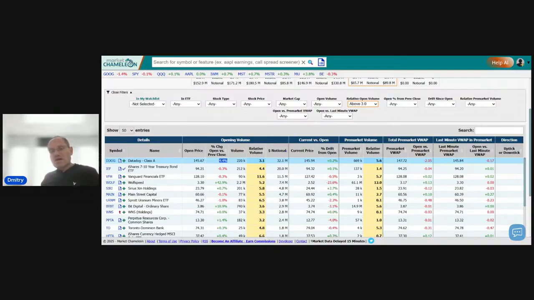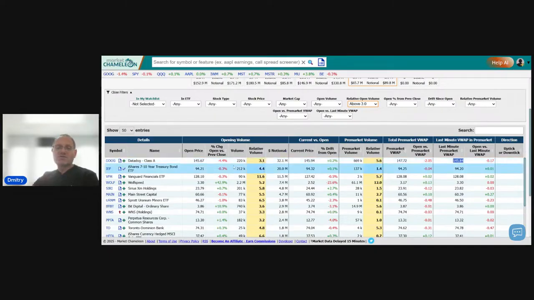It looks like in the pre-market, we were also trading more than 5 times its pre-market trading volume. It's down in the pre-market $2 for a VWAP of 147.72, traded down the last minute to 145.84, and opened even lower than that.